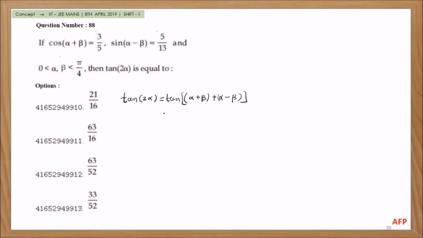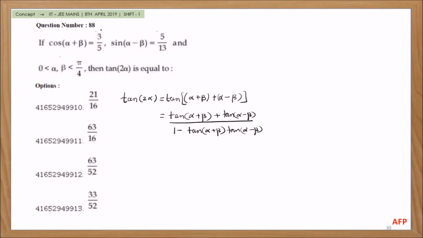We will apply the tan x plus y formula: tan alpha plus beta plus tan alpha minus beta, divided by 1 minus tan alpha plus beta times tan alpha minus beta.